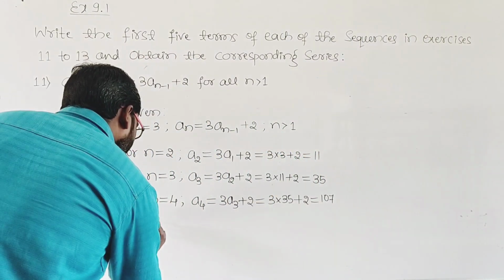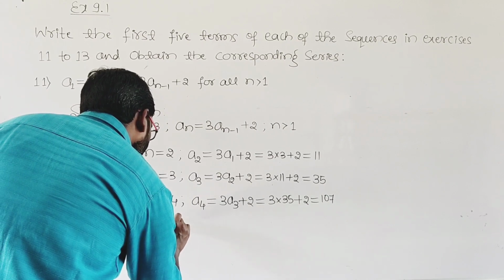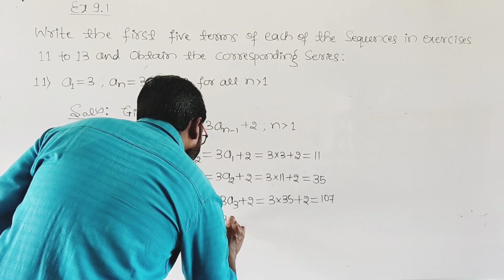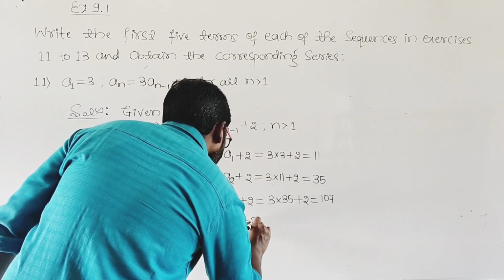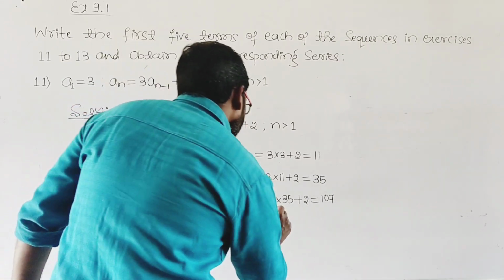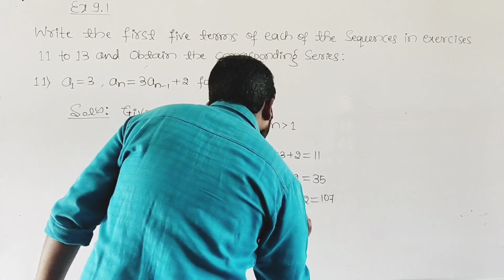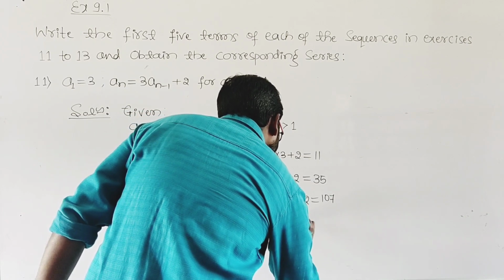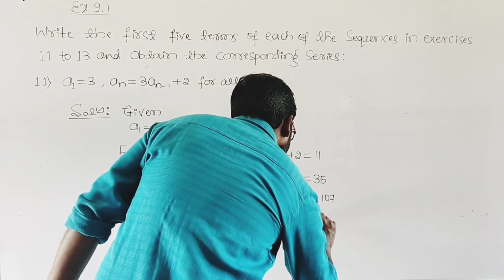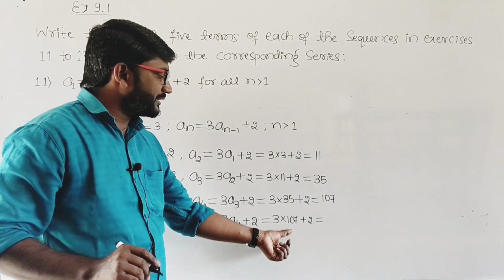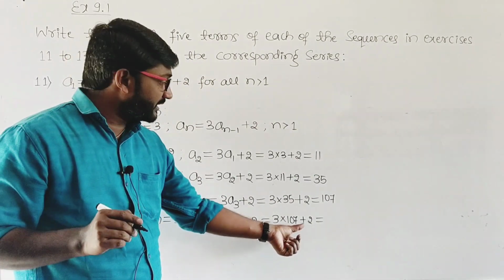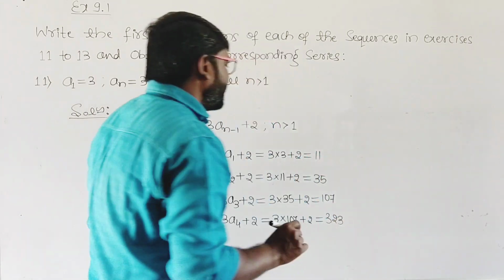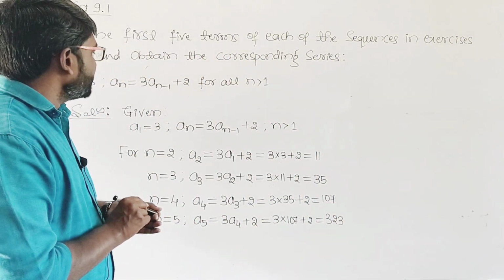Then for n equal to 5, we get a5 which is equal to 3 times a4 plus 2, so 3 times 107 plus 2. So 3 times 107 is 321 plus 2 is 323.